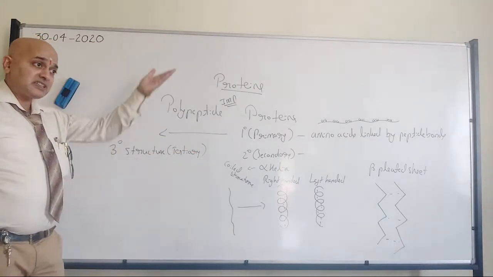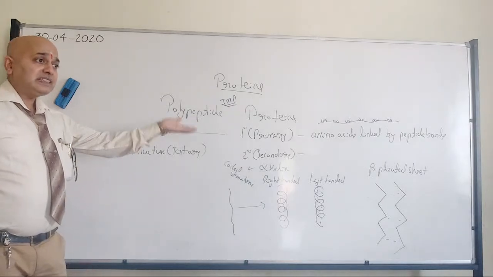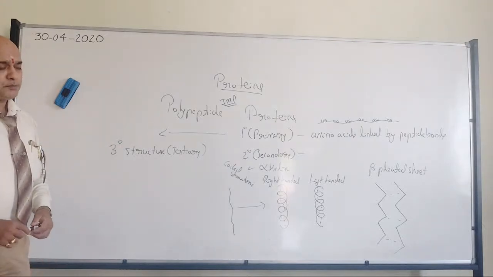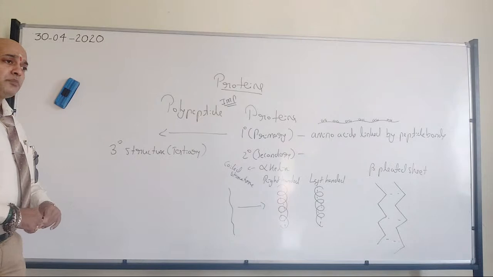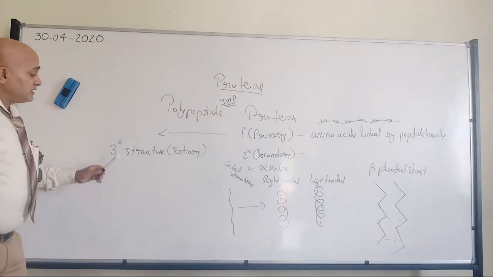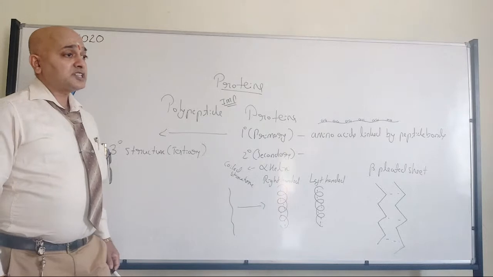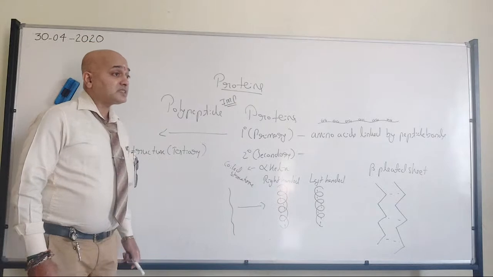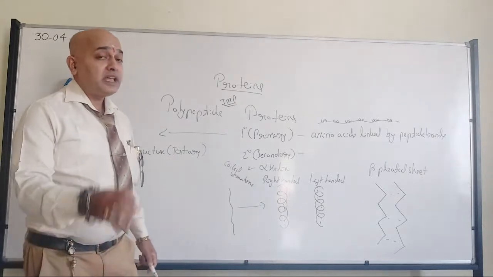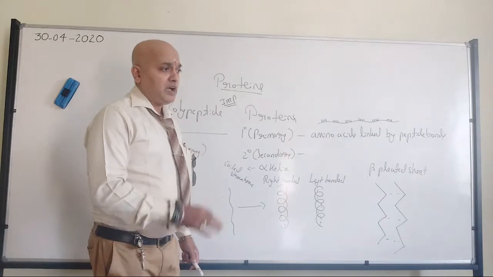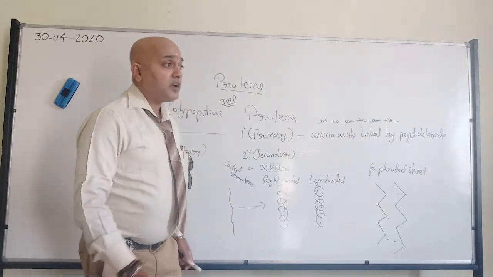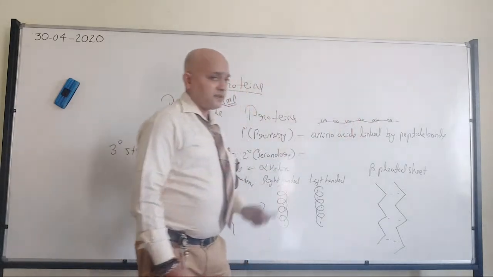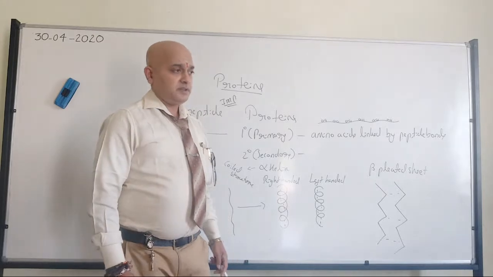Now we are coming to the next level. That is tertiary structure. It's like a slab. We are putting a slab. Now when I am talking about tertiary structure, listen to me carefully, tertiary structures result from the interaction of amino acids which are far from each other in a polypeptide.